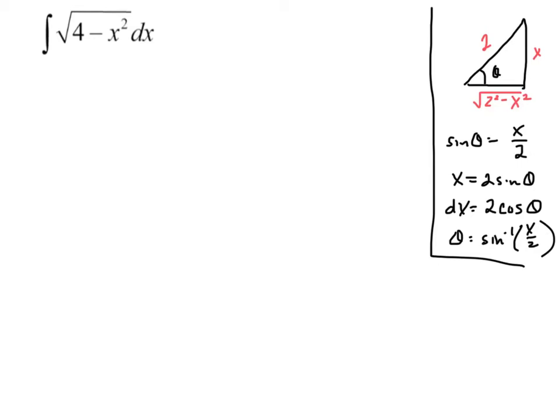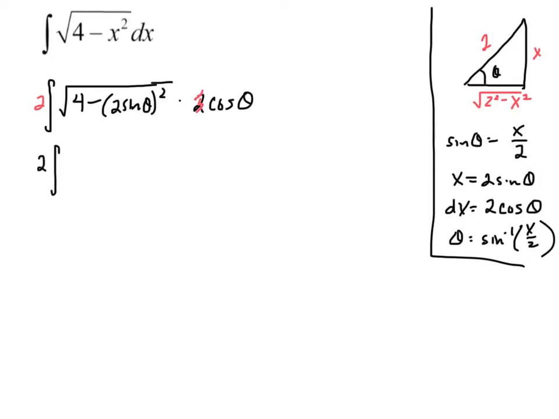Okay. Let's rewrite our integral. So the square root of 4 minus x squared, which is 2 sine theta squared, times dx, which is 2 cosine theta. I'm going to bring the 2 out front like that. Let's actually rewrite a little bit: 4 minus 4 sine squared theta times cosine theta d theta. Let's do a little factoring. So pull a 4 out.